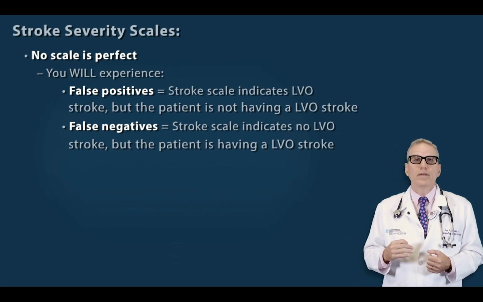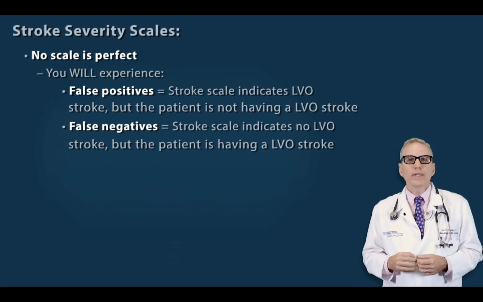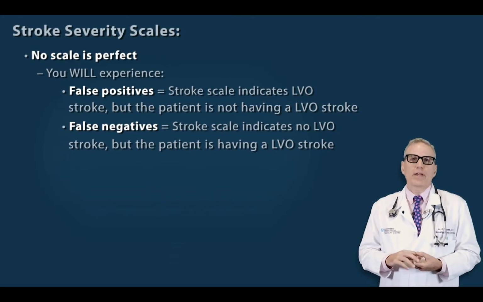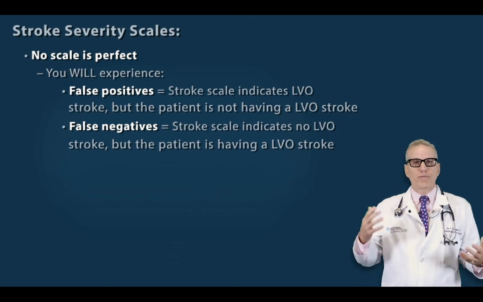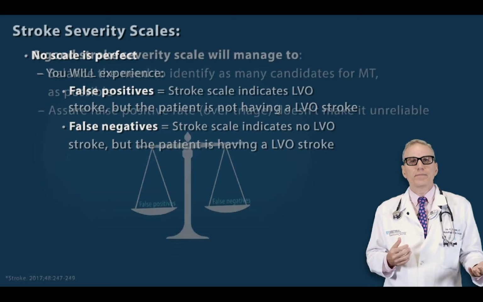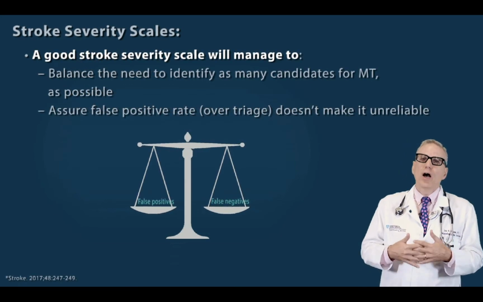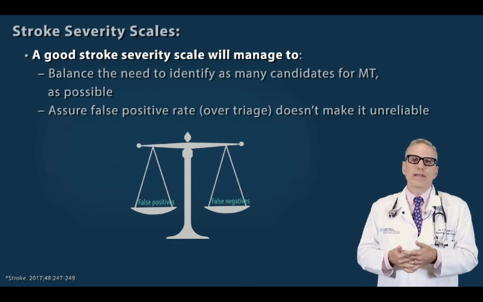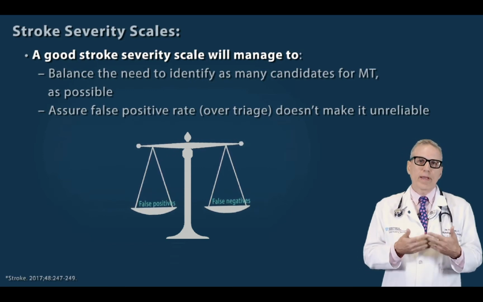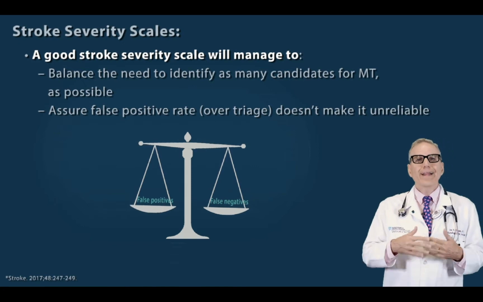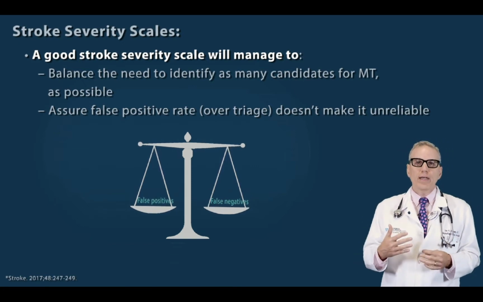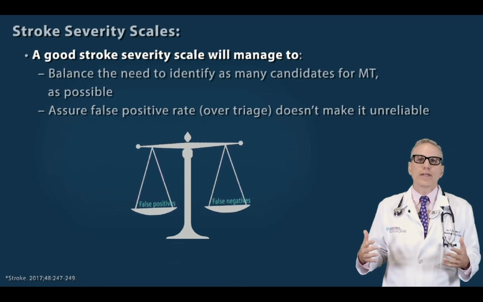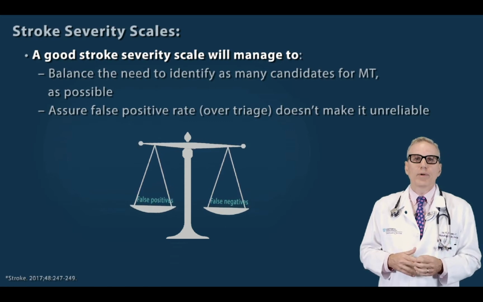With that said, a severity scale's effectiveness at predicting LVOs should be based on a predetermined acceptable false negative and false positive rate. The idea being, a good stroke severity scale will manage to balance the need to identify as many candidates for mechanical thrombectomy as possible, while at the same time assuring the false positive rate, or over-triage rate, doesn't make the scale unreliable.